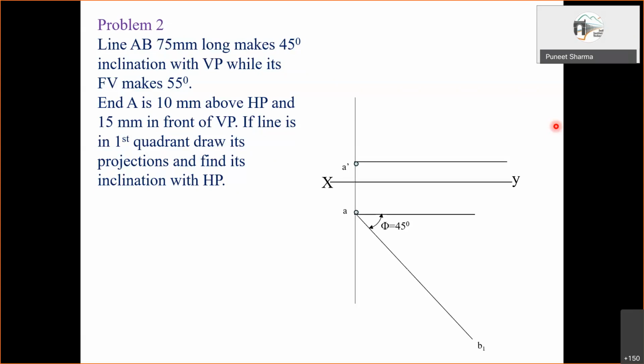B1, the inclination and the length we use. Fine. Corresponding front view of course now can be obtained if you draw the corresponding location of B1. It will be here on this line.